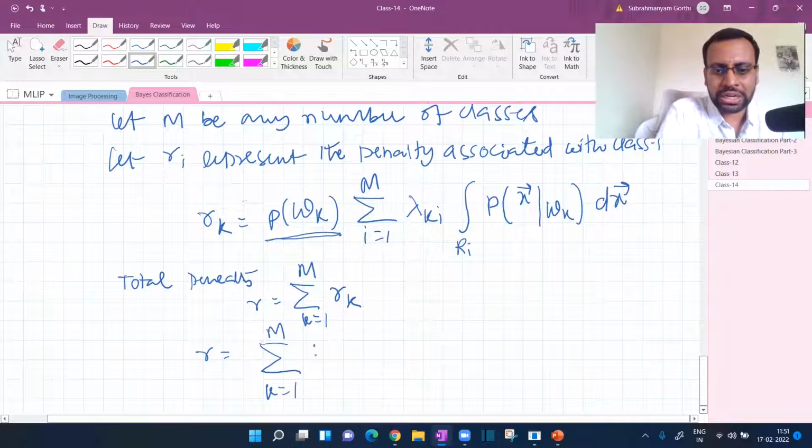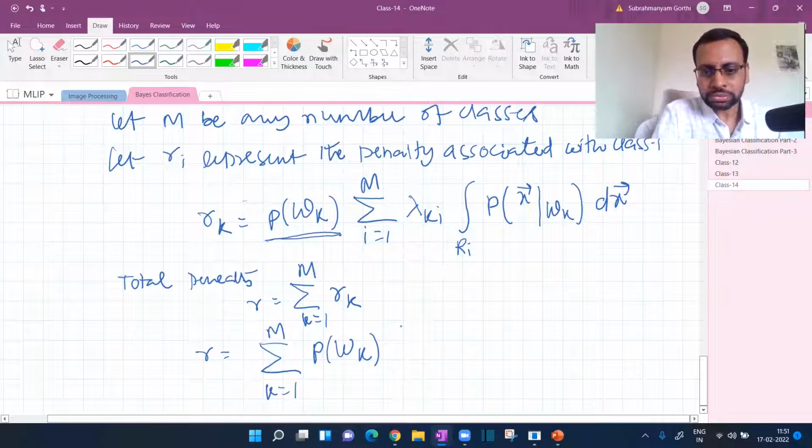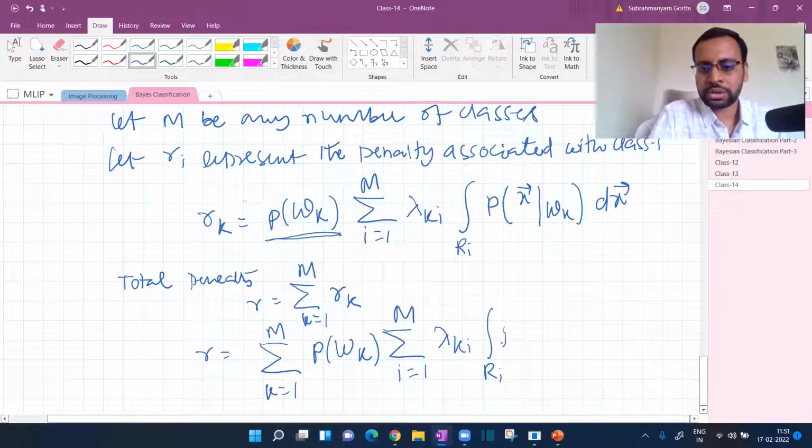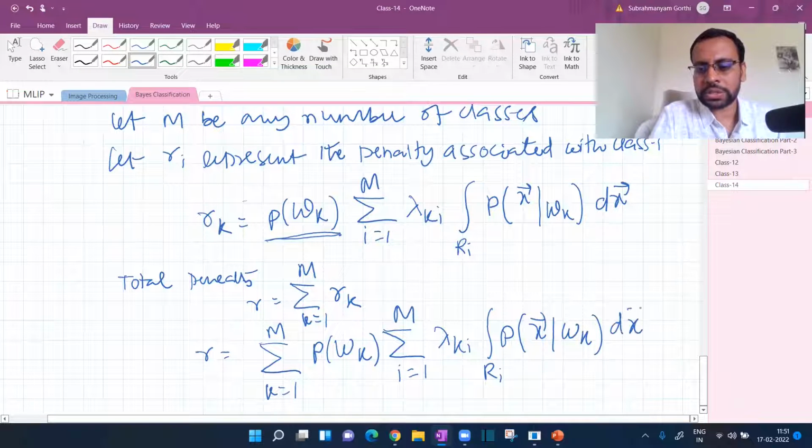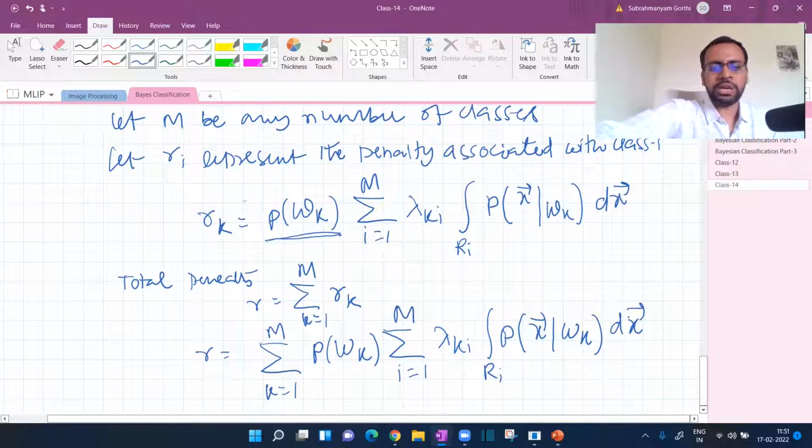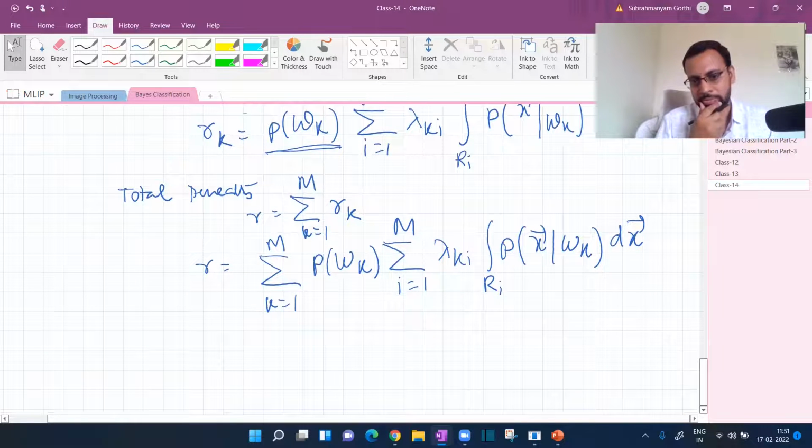I will substitute that here: probability of omega k, and then one more summation from 1 to m, lambda ki, integral over Ri, probability of x bar given omega k dx bar. That's the expression for my total penalty.